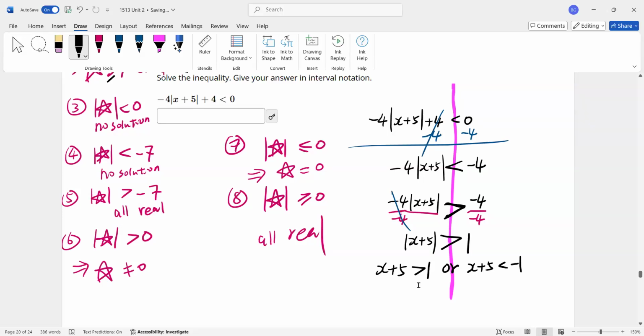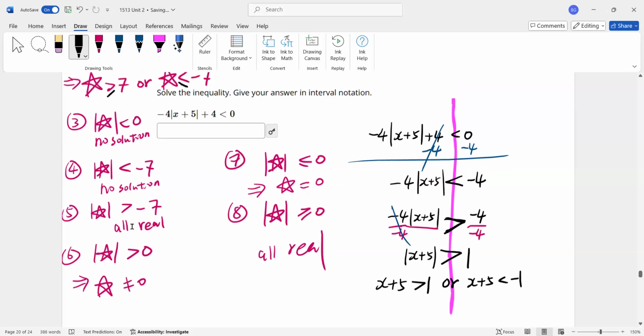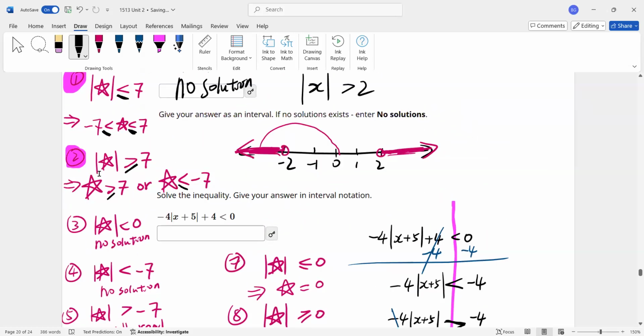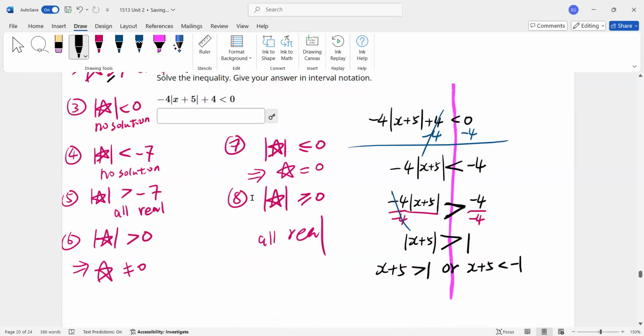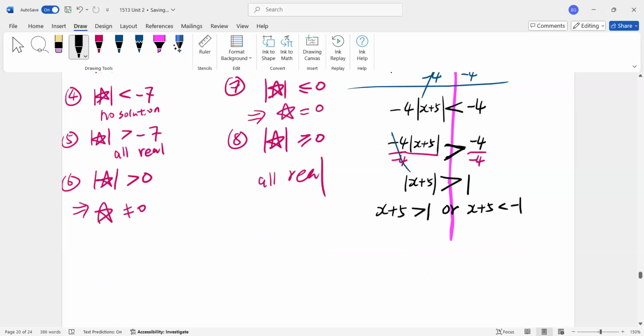Even though we have two, those two are very easy to solve. And the logic connective in between the two inequalities is OR. So we are doing this one, number 2: bigger than 7 or less than -7. So here it is bigger than 1, so bigger than 1 or less than -1. All right, so keep going, solve the inequality.